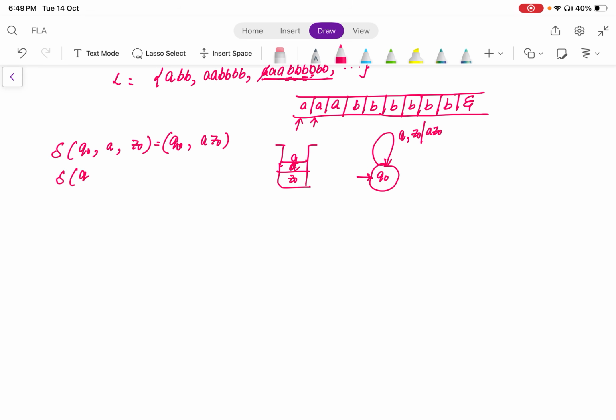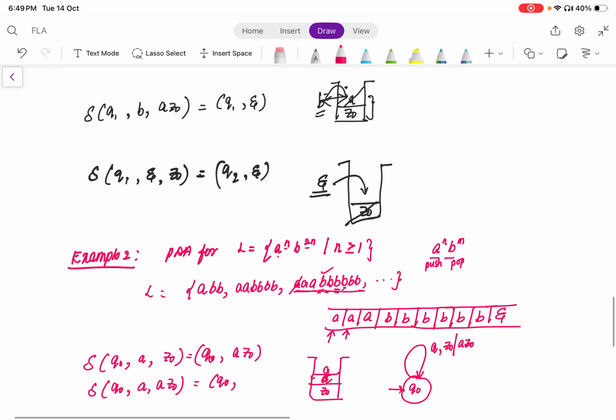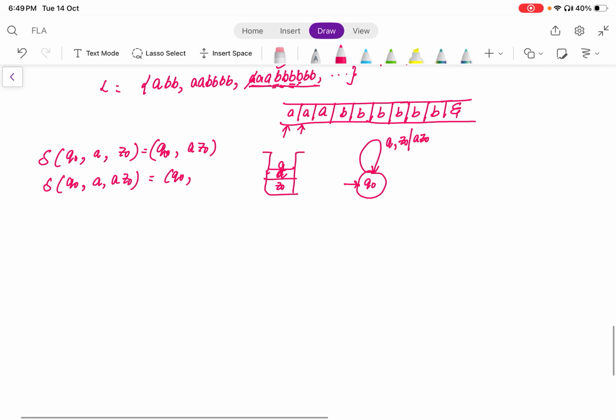Delta of Q0 is the state, comma a. Now the stack state is a Z0. After adding another a, it is a a Z0. So Q0, comma a Z0 slash a a Z0. Now you have pushed the second a also.